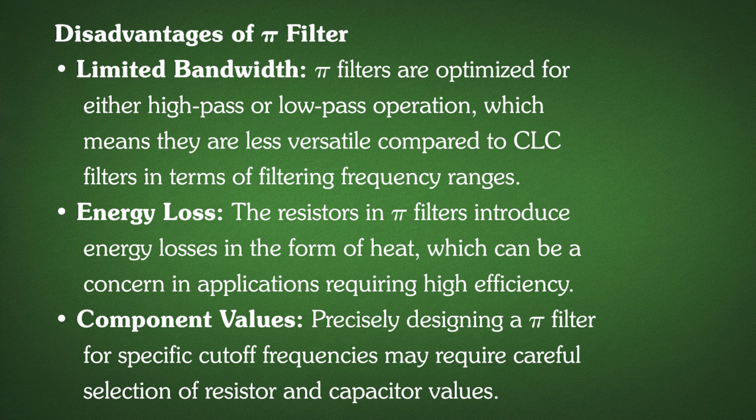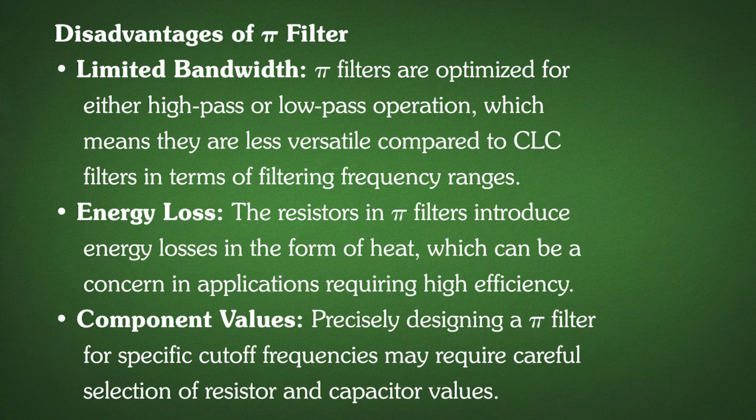So, the pi filters are optimized for either high pass or low pass operation, which means they are less versatile compared to CLC filters in terms of filtering frequency ranges. Next disadvantage is energy loss.